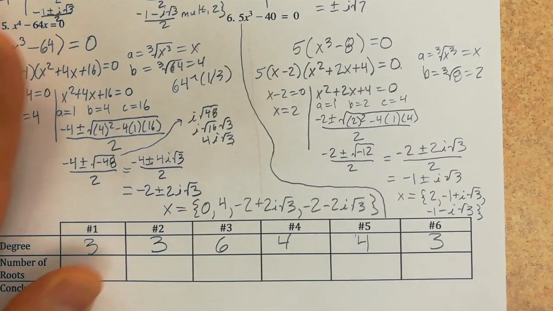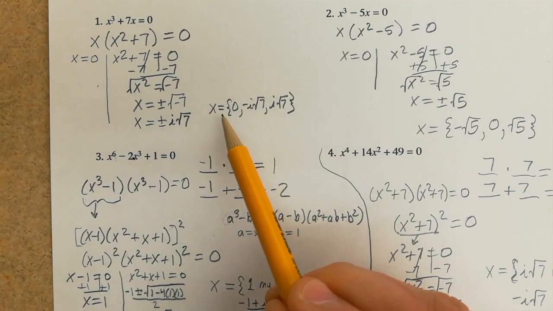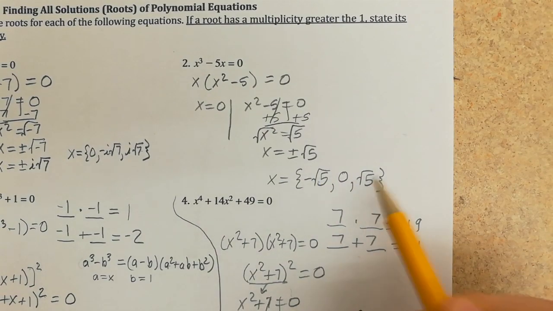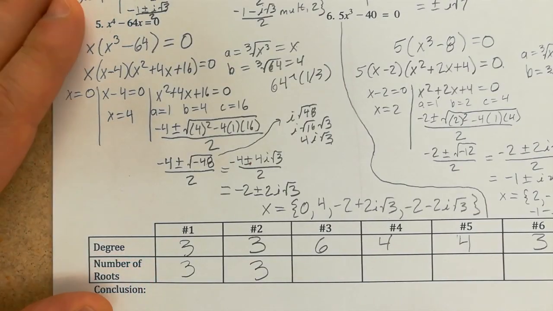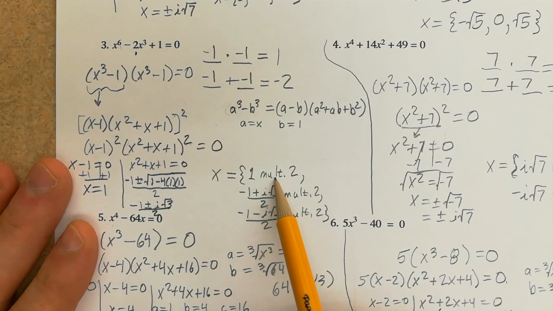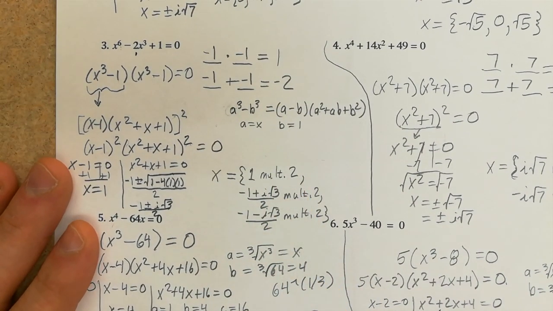Okay, let's see how many solutions or roots we had in each problem. Well, in the first one, we had 1, 2, 3. In number 2, we had 1, 2, 3. You might see a pattern forming here. In number 3, now with the ones with multiplicity 2, we count those twice.